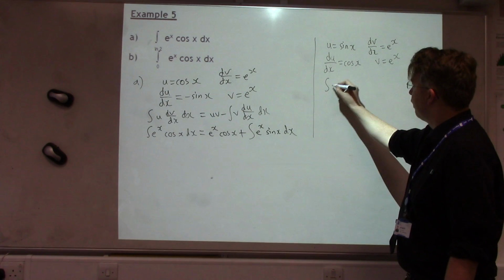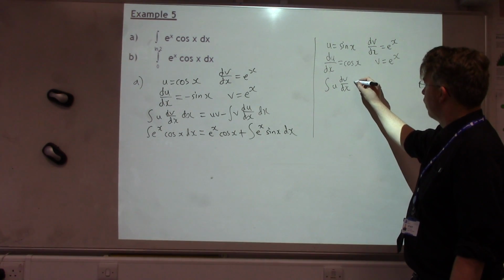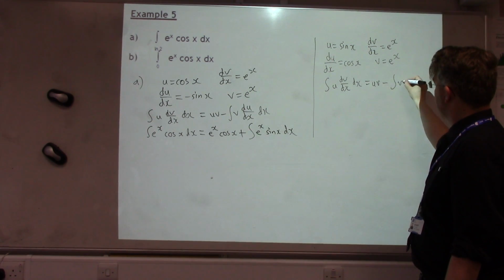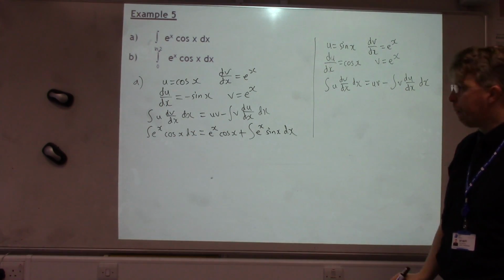Apply the formula. Again, taken from the formula booklet, so no need to remember it.